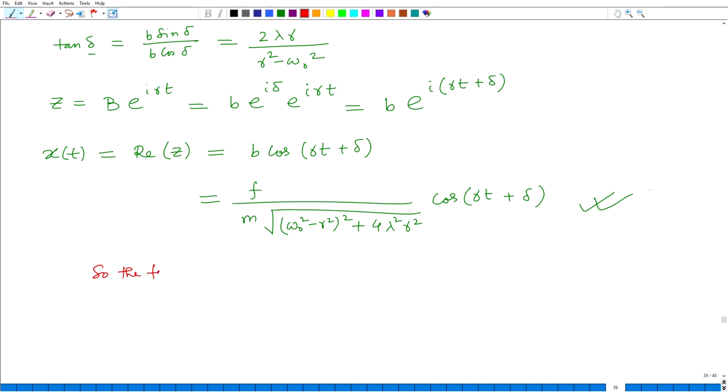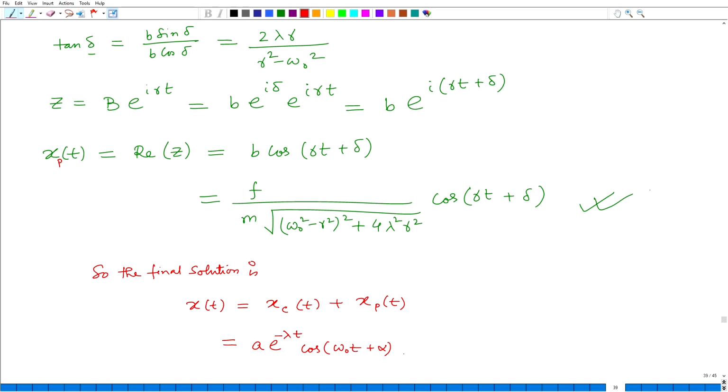The final solution is x(t). I can write this x_p because this is the particular integral part. x(t) is equal to x_c, the complementary function, plus x_p(t). I can write some A e to the power minus lambda t cos(omega 0 t plus alpha).